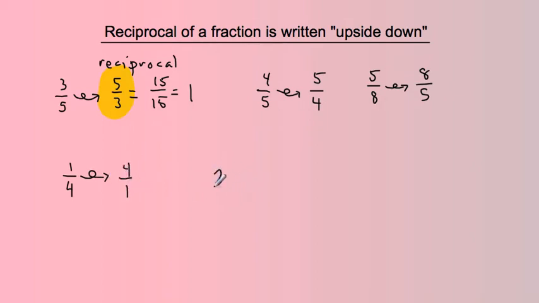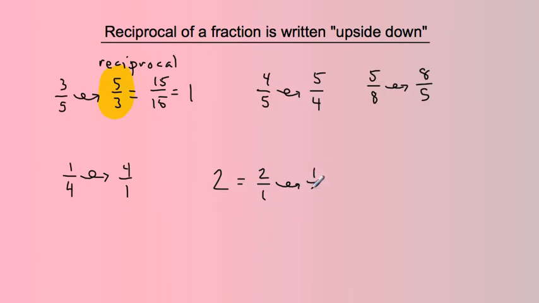What about the reciprocal of 2, though? We have a whole number here, 2 and no fraction. Well, if you're going to be working with fractions, whenever you have a whole number, 2 equals 2/1. Anytime you put 1 underneath your whole number, you can write it as a fraction. So then what's the reciprocal of 2/1?